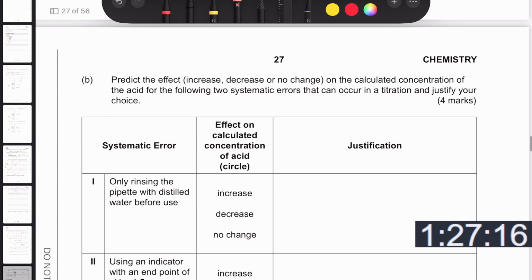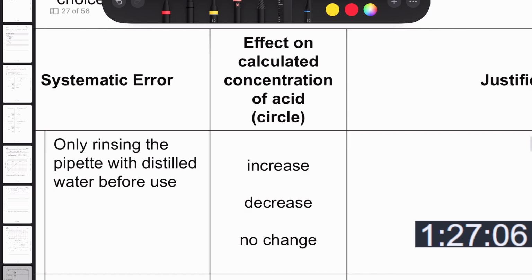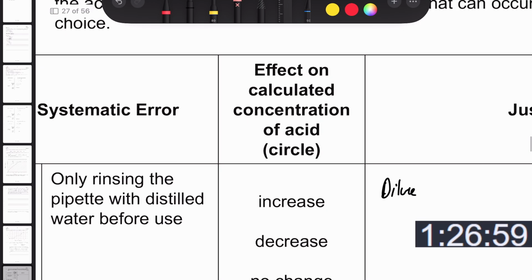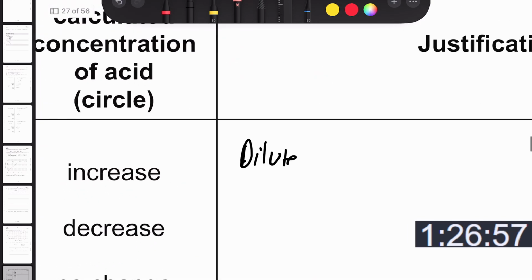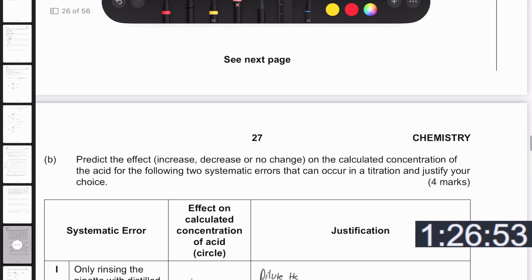Predict the effect, increase, decrease, or no change, on the calculated concentration of the acid following 2 systematic errors in a titration. Only rinsing the pipette with distilled water before use. So then it will dilute the NaOH.